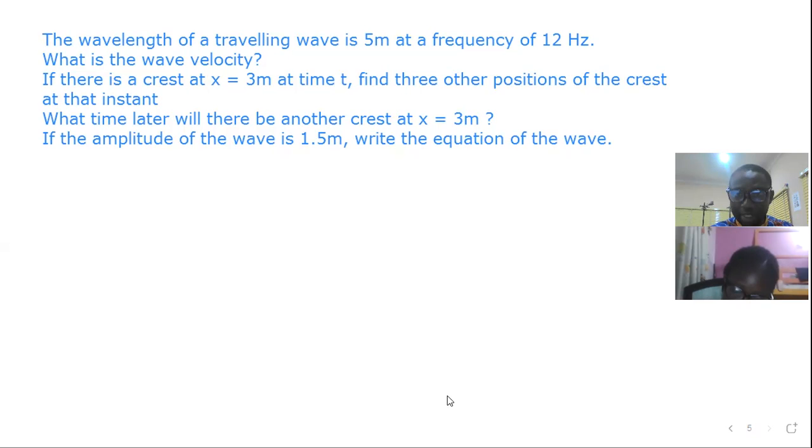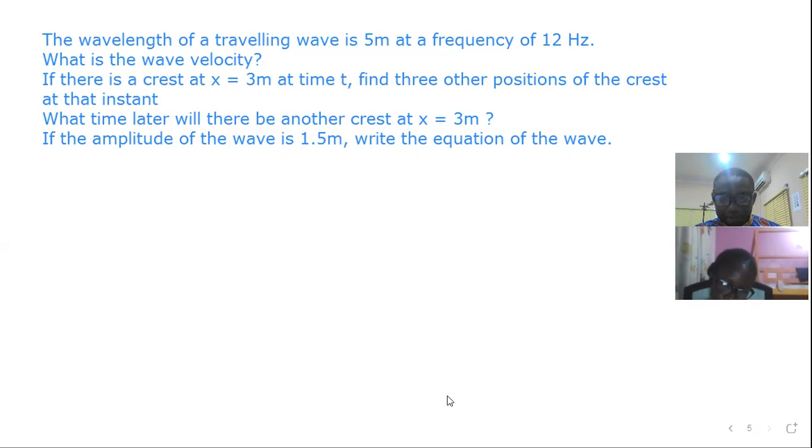Now the next one said, what time later will there be another crest at x equals 3 meters?